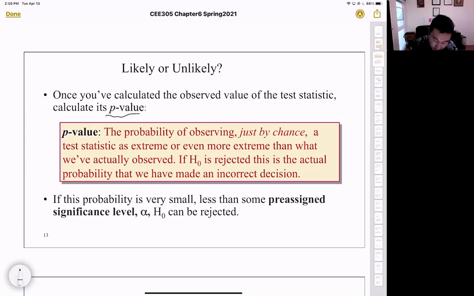If H0 is rejected, this is the actual probability that we have made an incorrect decision. So the p-value is the probability we make a wrong decision, and the probability should be small enough.